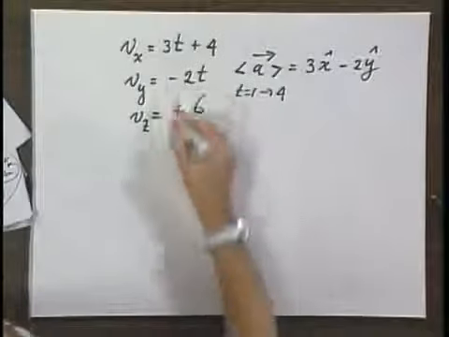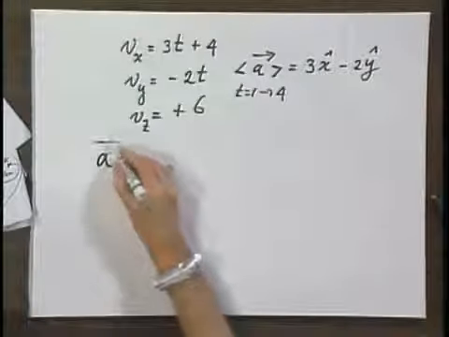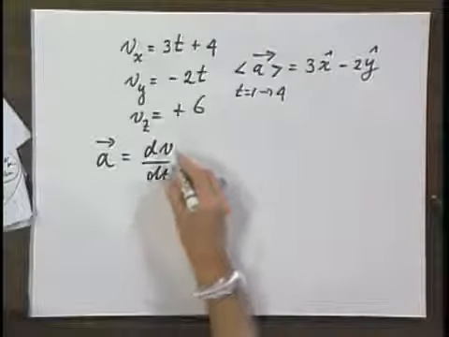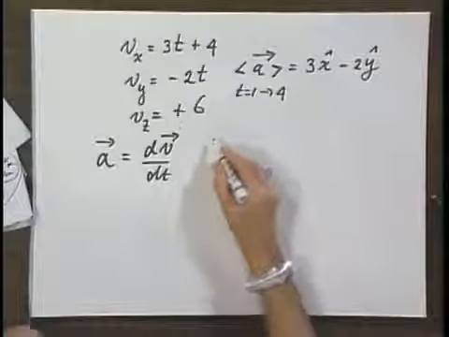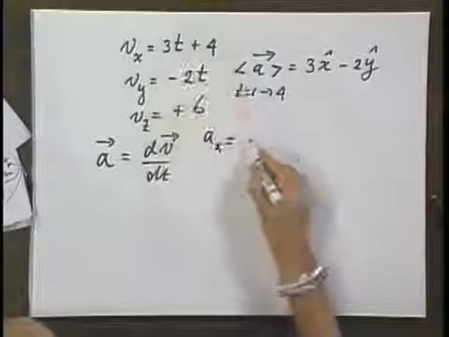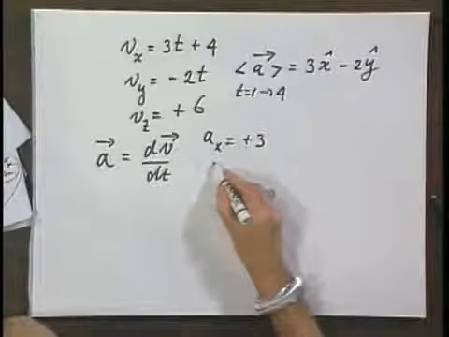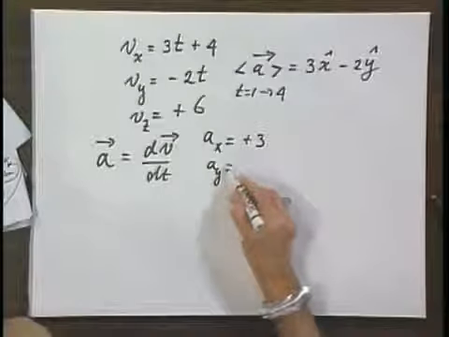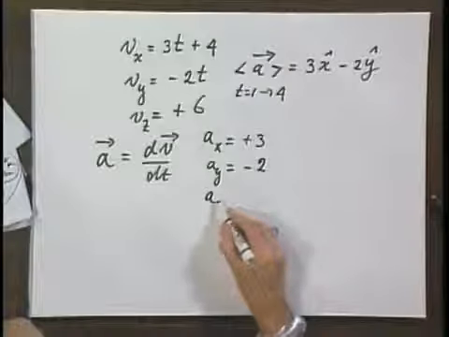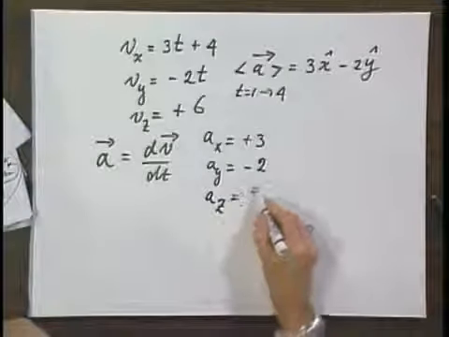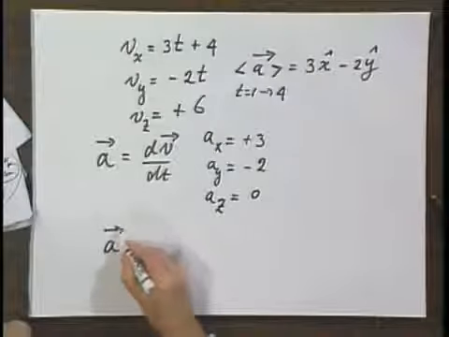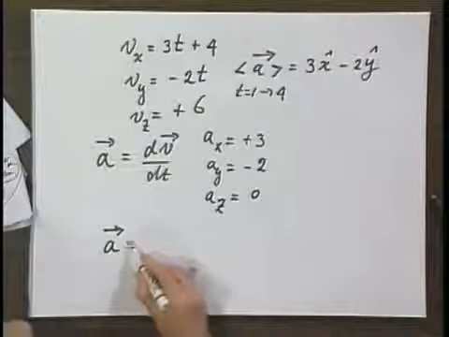Now, let's calculate the instantaneous acceleration A, which is dv/dt. A of x equals plus 3. A of y equals minus 2. A of z equals 0. So what is the instantaneous acceleration at any moment in time?